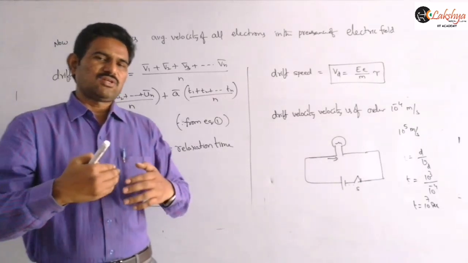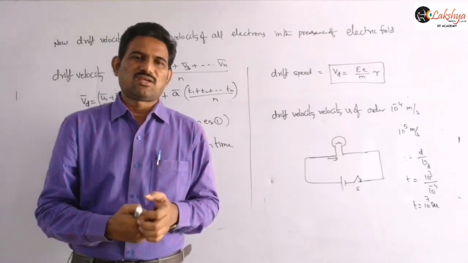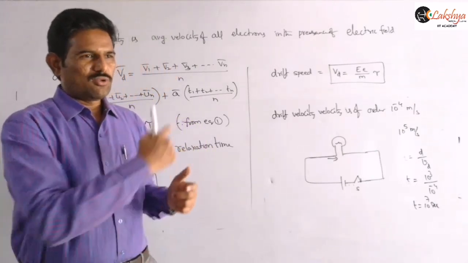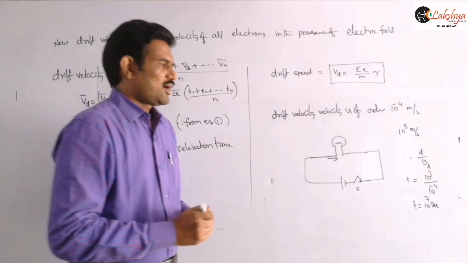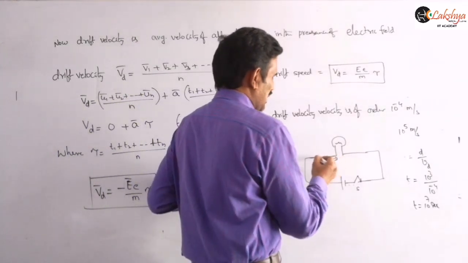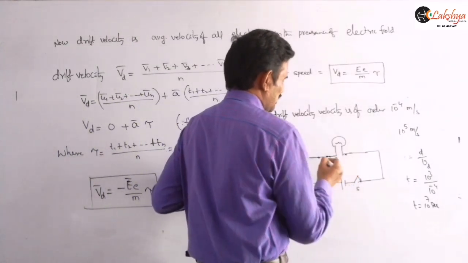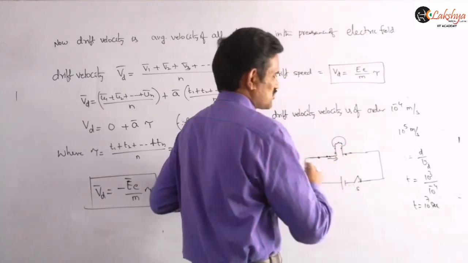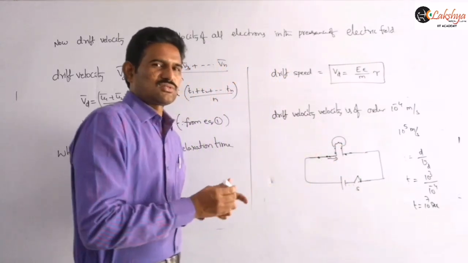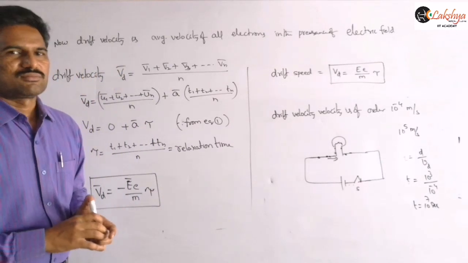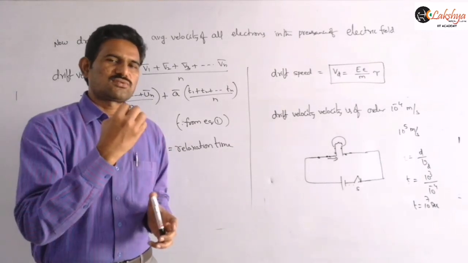So the electric field develops very quickly throughout the material, and the electrons present everywhere start accelerating. The electrons near the bulb also start accelerating immediately when you close the switch, so the bulb will glow immediately.